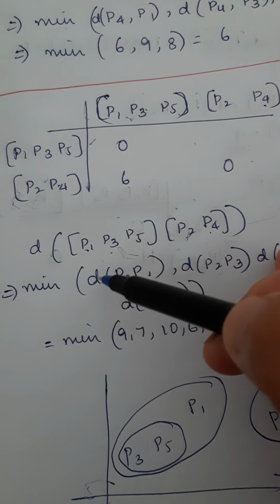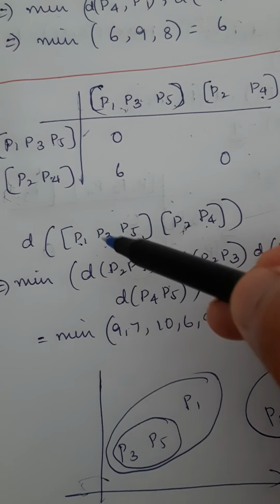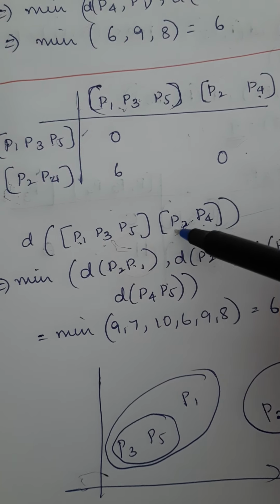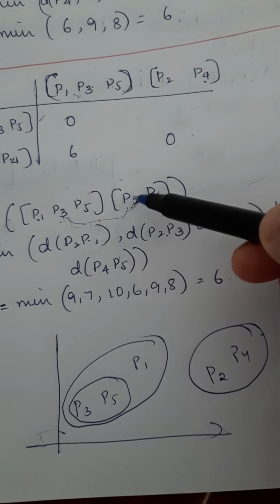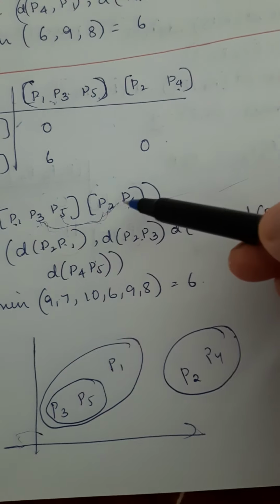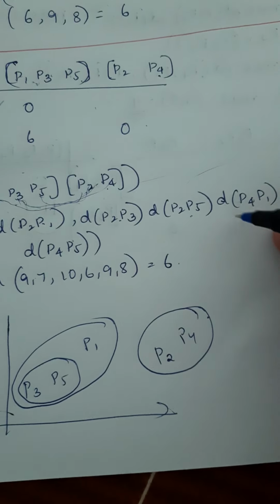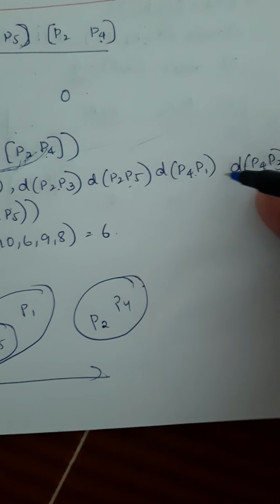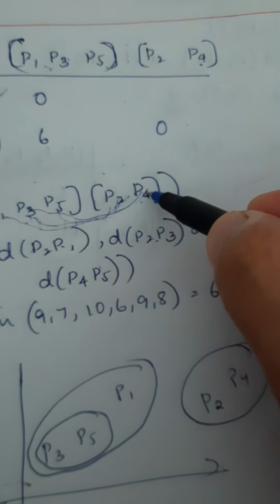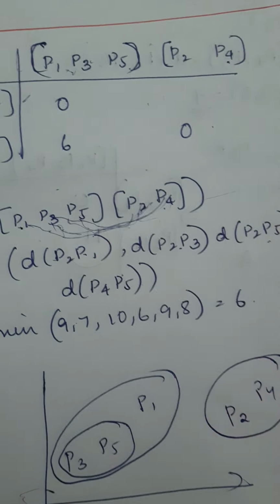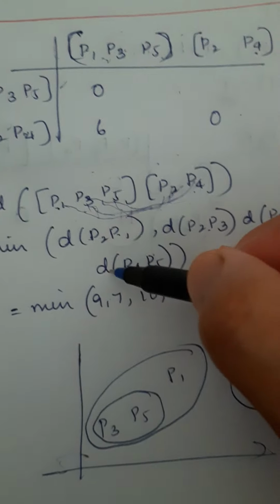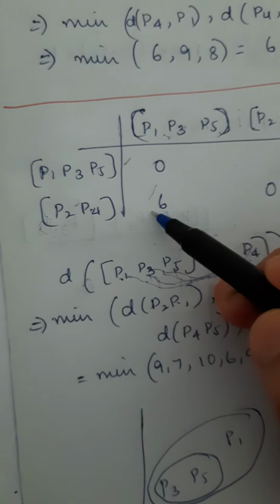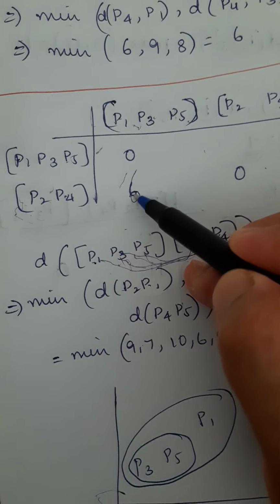That is the minimum of P2 with P1, P2 with P3, P2 with P5, then P4 with P1, P4 with P3, and P4 with P5. You compute the values. You get the minimum value as 6. So you are getting the value as 6 over here.